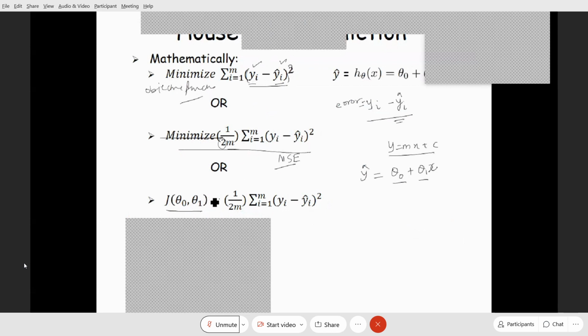Let me give you one more example before you understand this. If I have an equation f(x) equals x cube plus 3x square plus 2x plus 1, and suppose I have to find the minima or maxima of this equation, what do we do?